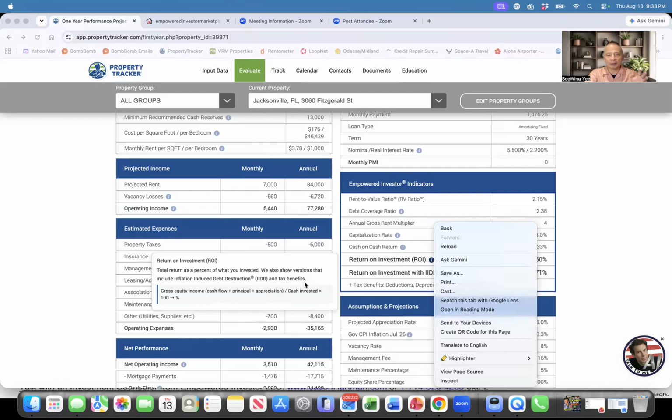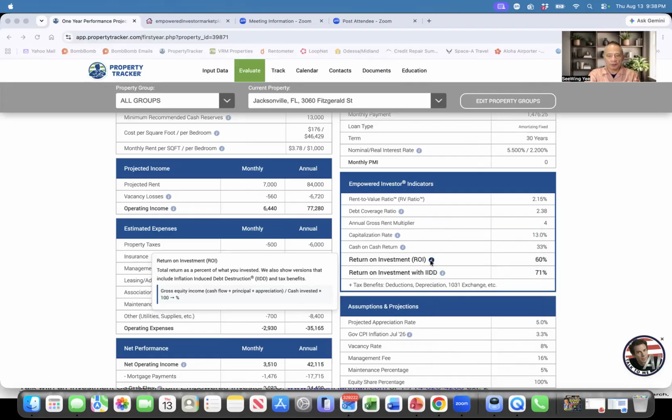We have added some components to this software to add the inflation-induced debt destruction and tax benefit. So this is just the tip of the iceberg.